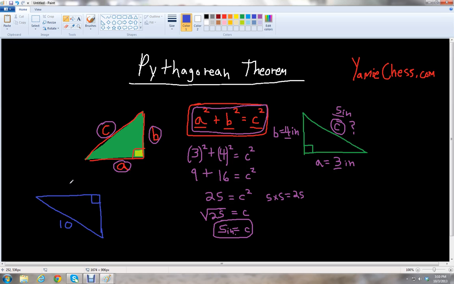We'll say this is 6, and we want to figure out the other side, which we'll call B. So we know a leg and the hypotenuse. The leg here is 6, so A equals 6, and the hypotenuse C equals 10. B is our unknown side that we're trying to find.